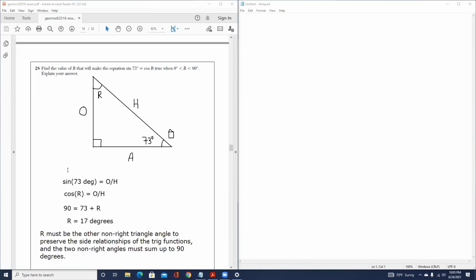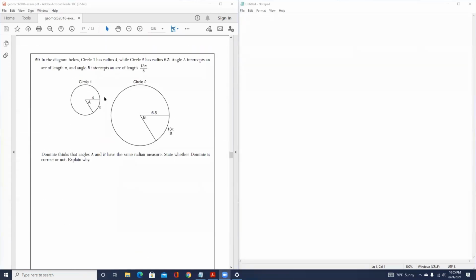So if we type this out, r must be the other non-right triangle angle to preserve the side relationships of the trig functions, and the two non-right angles must sum up to 90 degrees. That is the same process that we used to work our way through this problem.